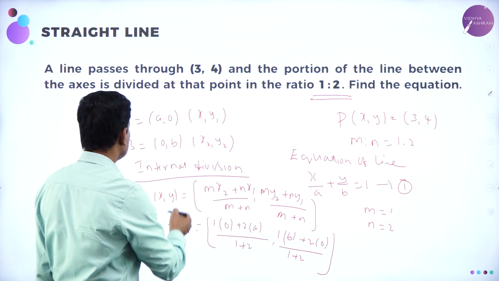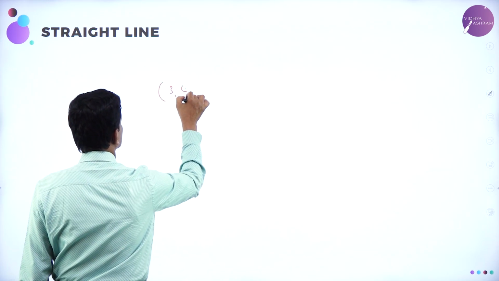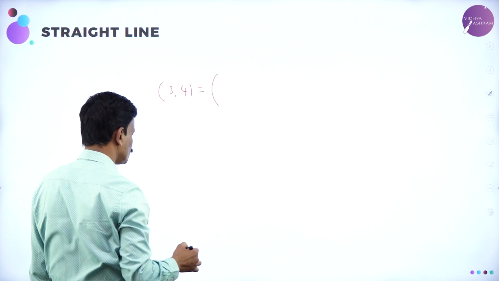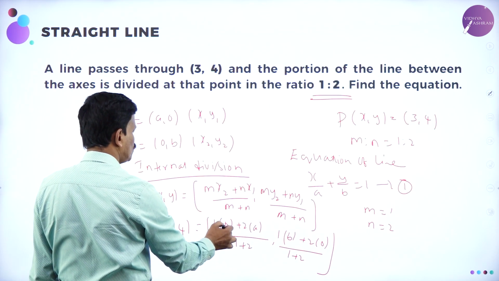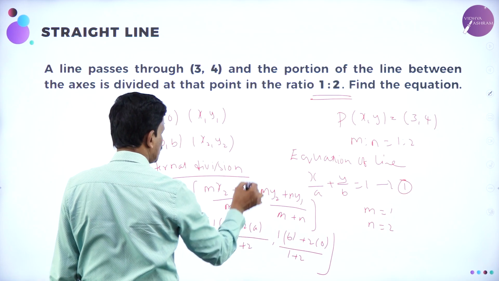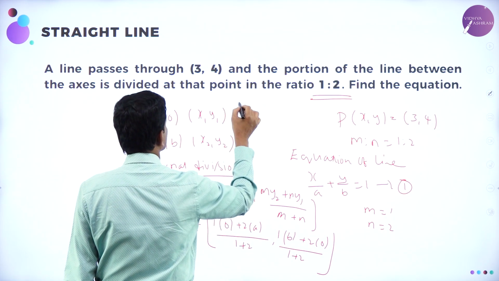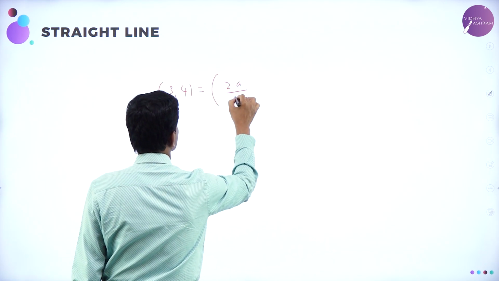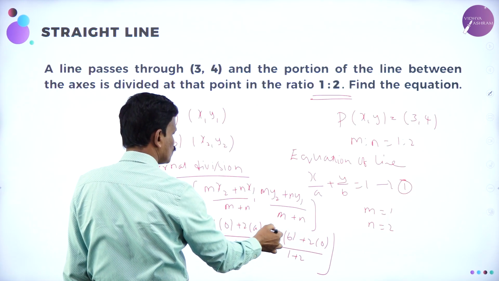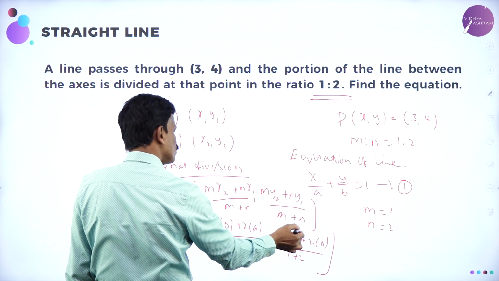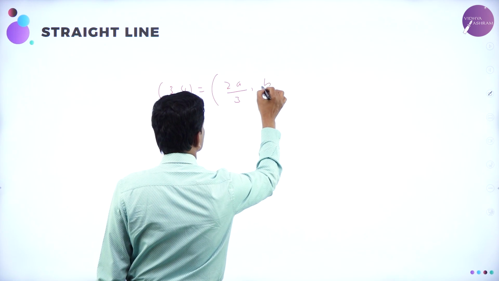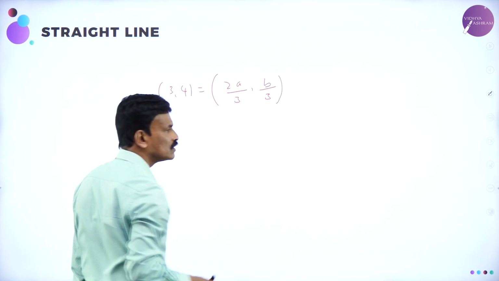Simplify this. So, (3, 4) is equal to (1 into 0 plus 2 into a, that is 2a, divided by 3), comma, (1 into b is b plus 0 divided by 3, that is b by 3), right.